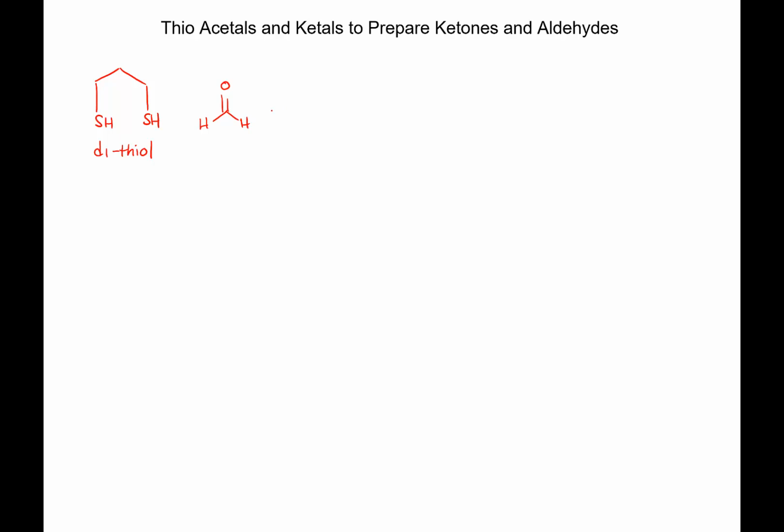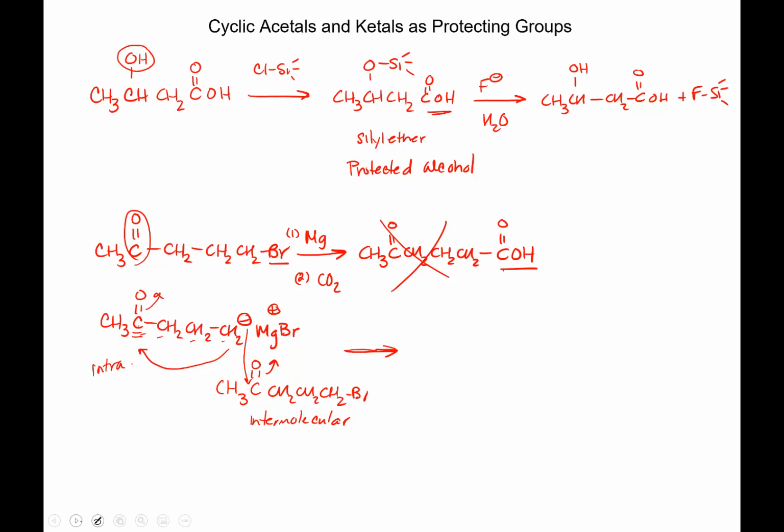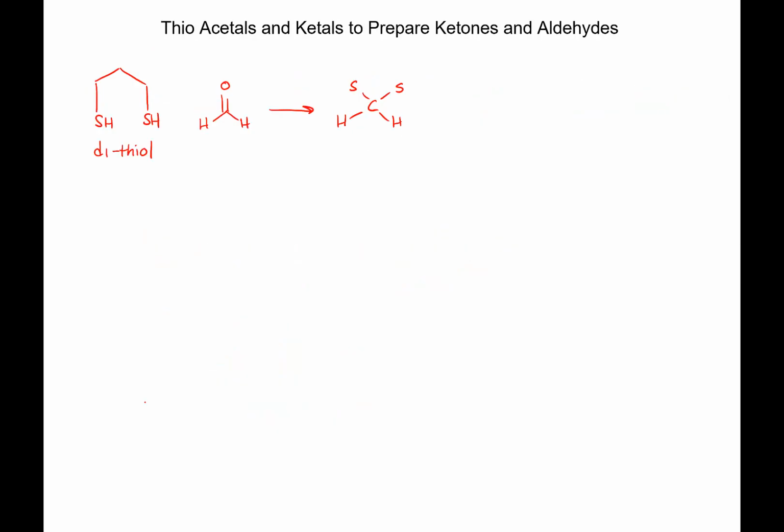So if I do this reaction, and you don't actually even need acid for this, the two sulfurs will react with the carbon, and because we have an extra carbon in here, instead of forming a 5-membered ring, we're going to form a 6-membered ring.